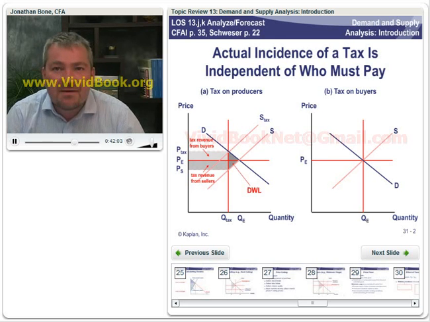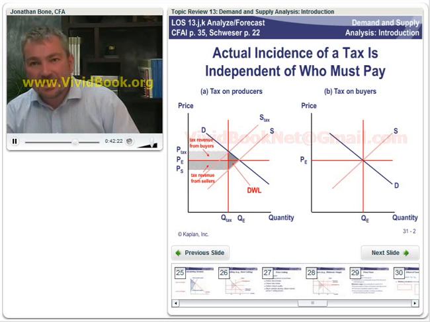So a very inelastic demand curve, which will be vertical, the buyers will suffer. A more elastic demand curve, so getting closer to horizontal, it's going to be the suppliers that suffer.